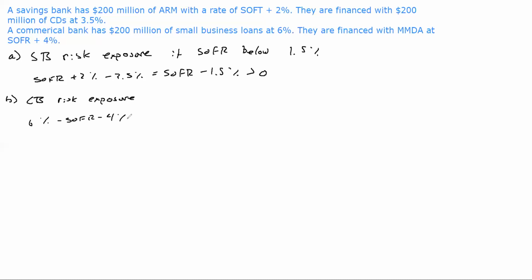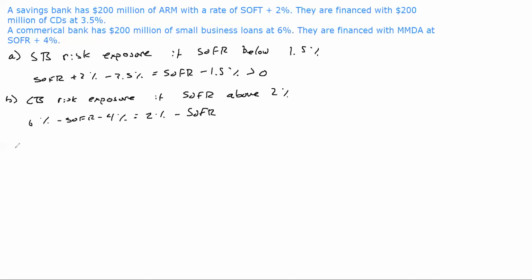So they're paying the overnight financing rate and they're paying 4%. So net would be 2% minus overnight financing. So their risk exposure would be if the variable rate goes above 2%. If the overnight financing rate goes above 2%, then the commercial bank would lose money.